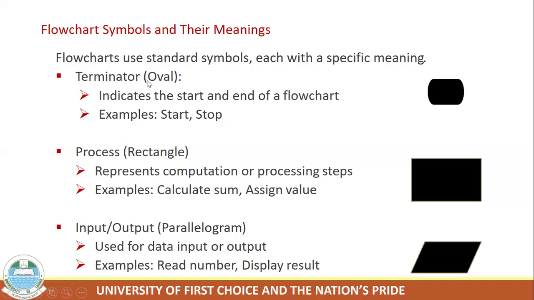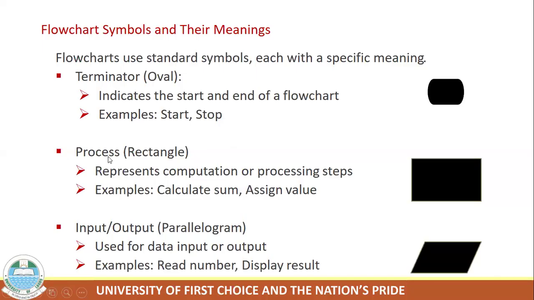Number one, you have the terminator. If a process or a logical flow has to start or be terminated, it is represented by an oval shape. It indicates the start and end of a flowchart. If you have to start and end a flowchart, you use the terminator, for example to start or to stop.